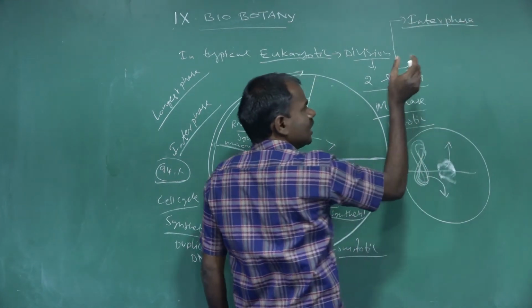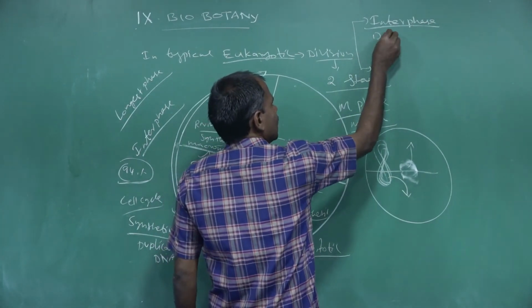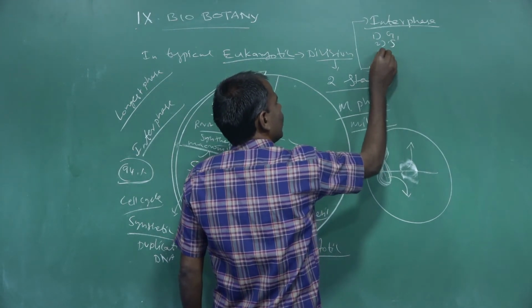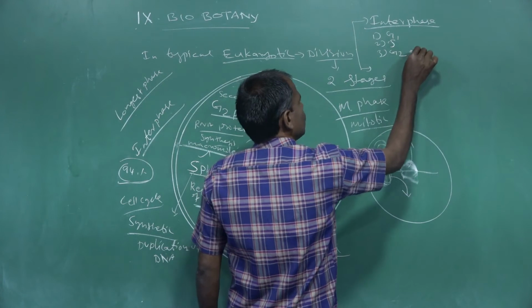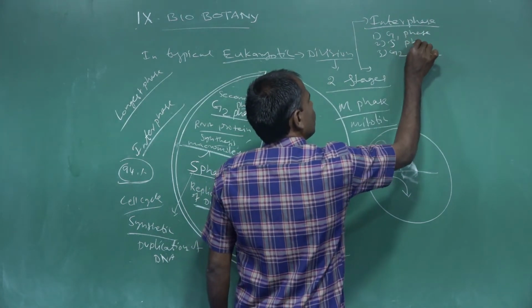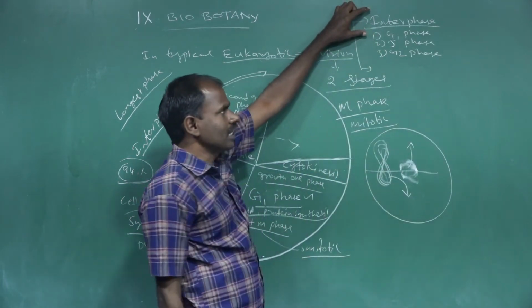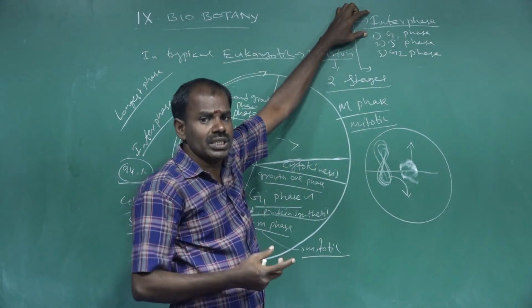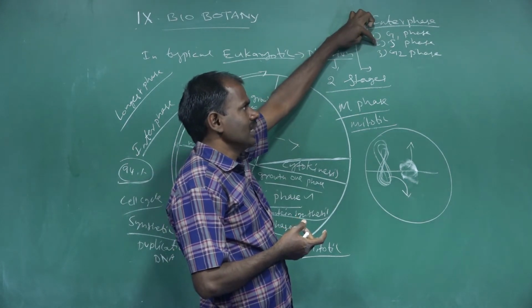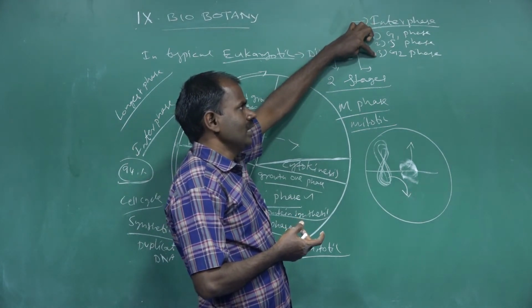The interphase has 3 subdivisions. The first one is the G1 phase, the second one is the S phase, and the third one is the G2 phase. What are the 3 subphases? One is G1 phase, second is S phase, and third is G2 phase.